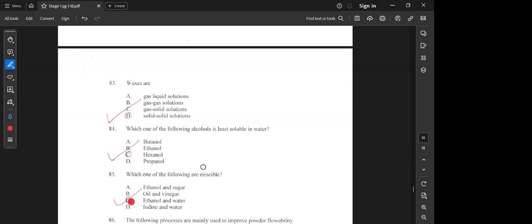Anyway, which one of the following alcohols is least soluble in water? So, we said the longer the chain, the lower its solubility. So you have to go for the longest. Yeah. So in this case, that goes to hexanol.